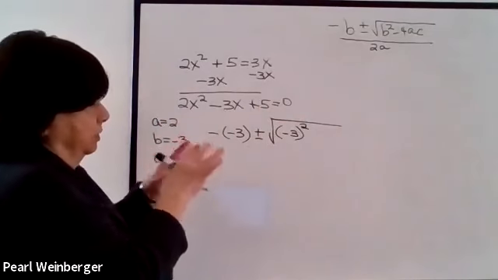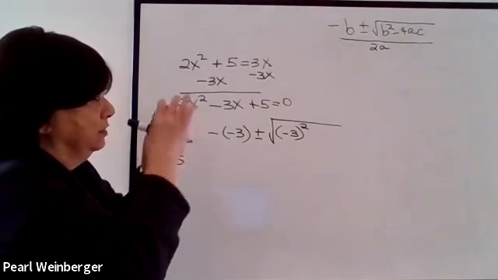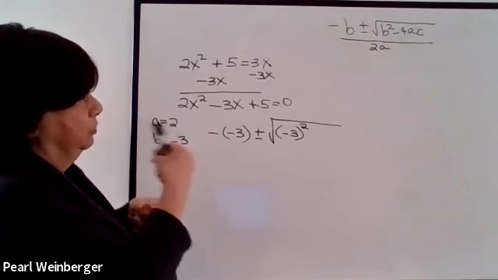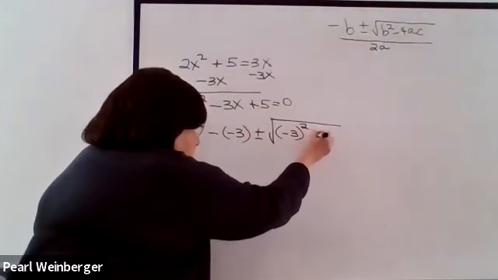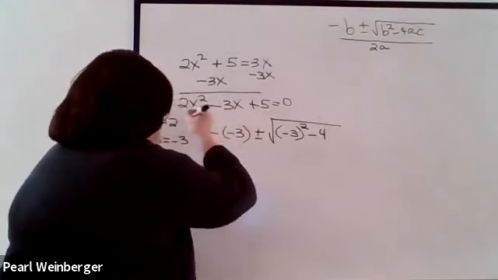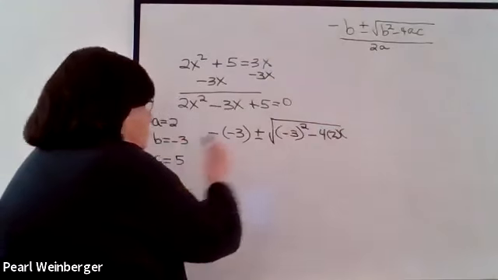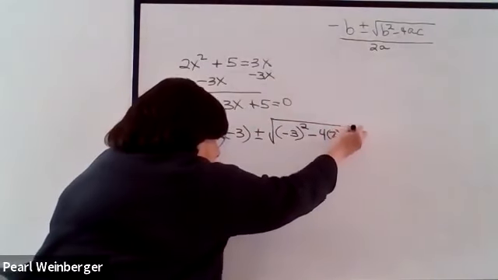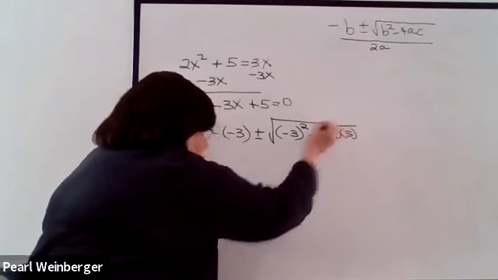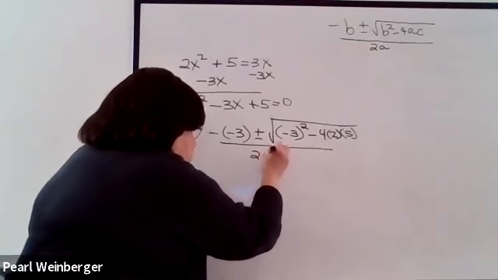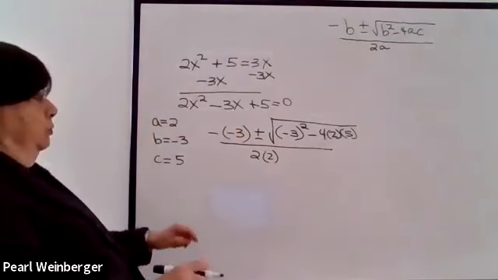And be careful, notice I'm putting it in parentheses to remind myself that the number b is negative 3. That's what I'm going to be squaring. Then it's minus 4 times 2, my A is 2, and times 5, my C is 5. And it's all over 2 times 2, again, my A is 2.